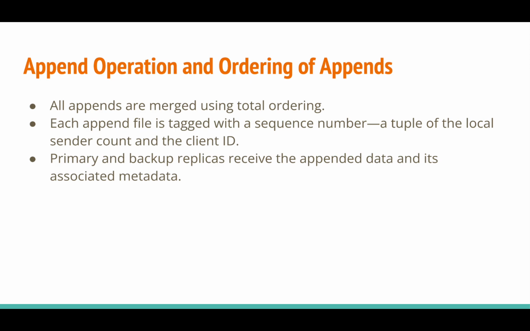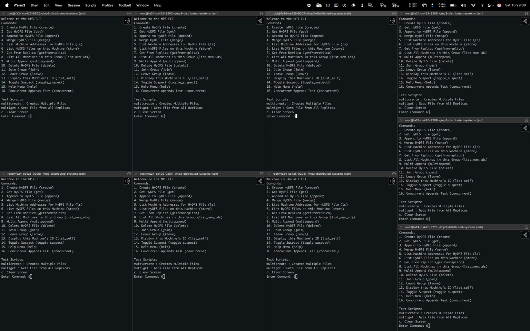Total ordering in distributed systems means that the ordering of all messages and events, or in this case the files, is in a way that ensures that all the nodes agree on the same order. To ensure this total ordering, each appended file is tagged with a sequence number, which is a tuple of the local sender count and the client ID. The primary and backup replicas receive the appended data of the file and its associated metadata.